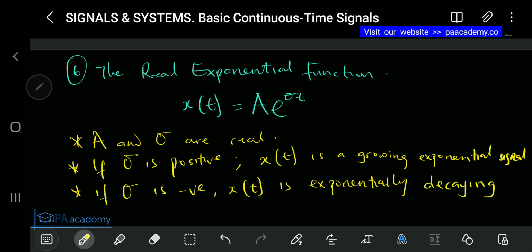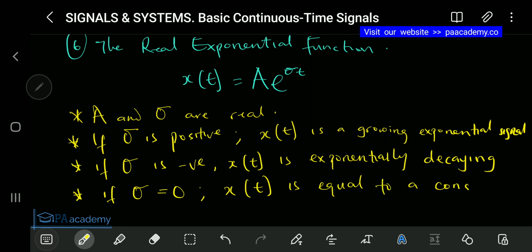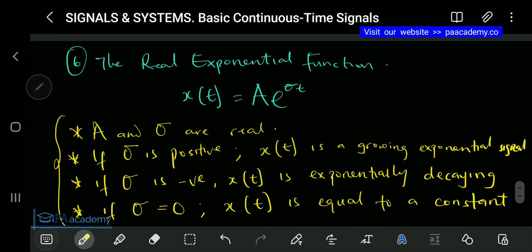You can say that it is a decaying exponential signal. And if our sigma is equal to 0, then we can conclude that our x of t is equal to a constant. You need to take note of all of these 4 points highlighted here when you are dealing with the exponential function. I hope that is clear.